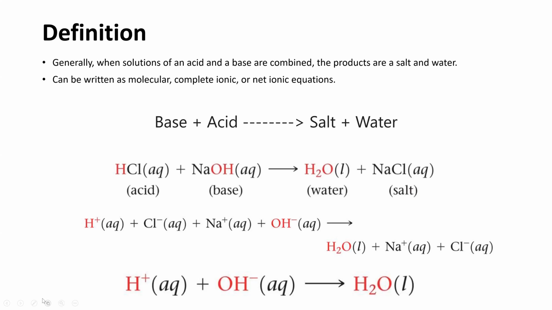So we can see here the general form of this reaction: whenever there is a base, it is reacting with an acid. The arrow gives you the direction of the reaction, that these reactants are combining and moving forward to convert into the product. The right side gives you the information of the product.